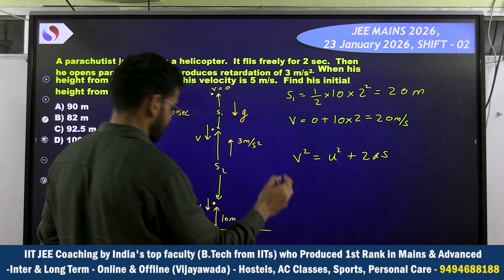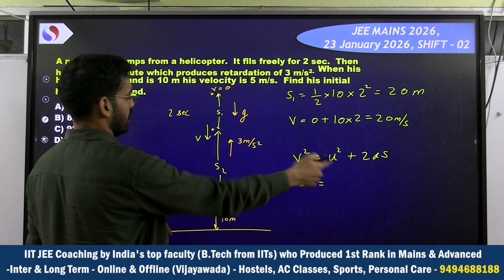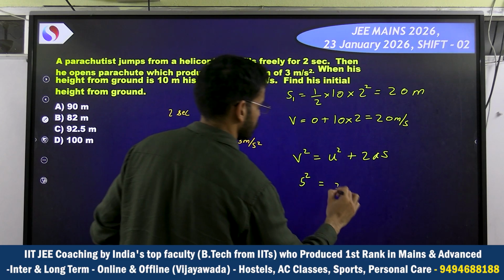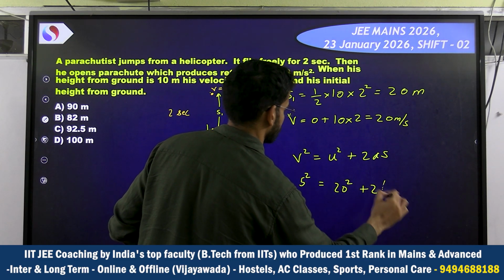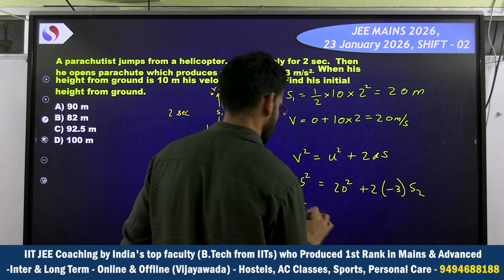Okay, final velocity square, 5 square is equal to u square. u square meaning what? This one. Okay, which is how much? 20. So 20 square plus 2 acceleration minus 3 into s2, right? So from here s2 will come.